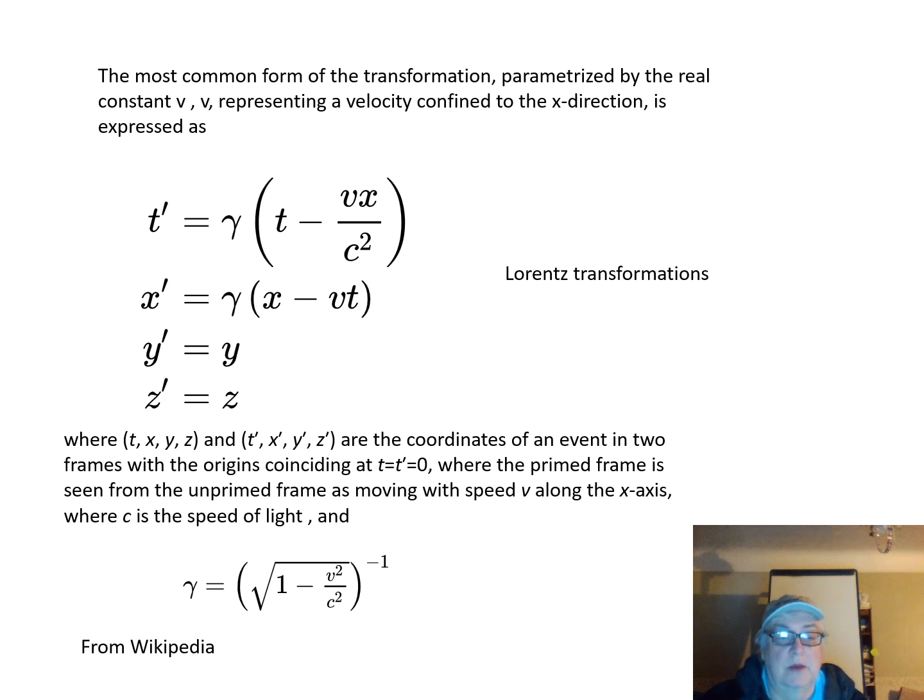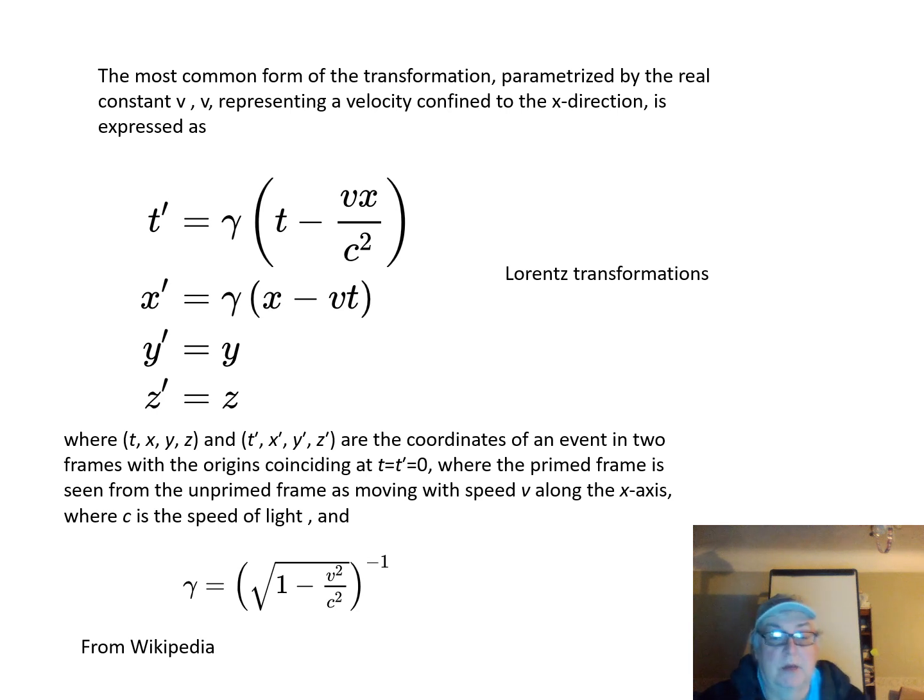And it's where t, x, y and z and the other set t prime, x prime, y prime and z prime are the coordinates of an event in two frames, with the origins coinciding at t equals t prime equals 0, where the primed frame is seen from the unprimed frame as moving with speed v along the x-axis, where c is the speed of light.